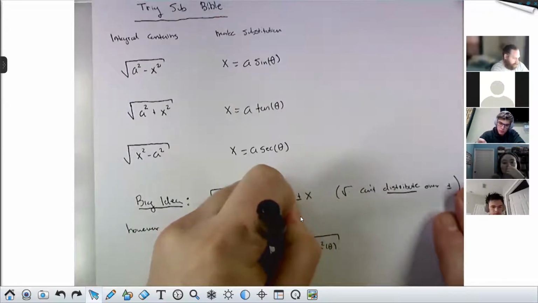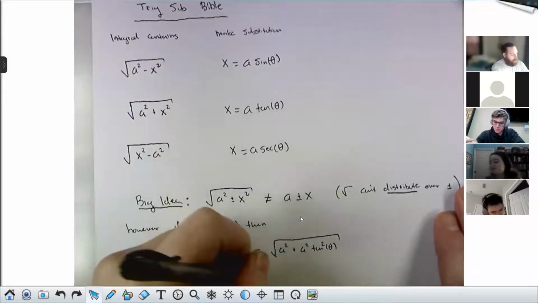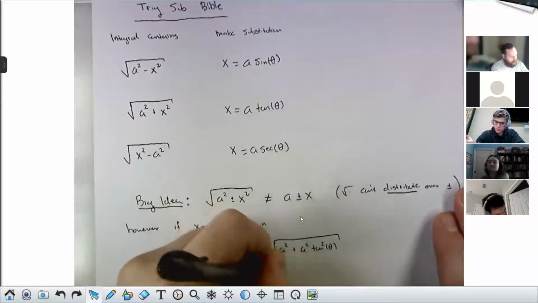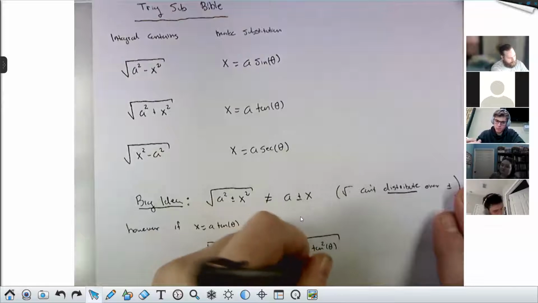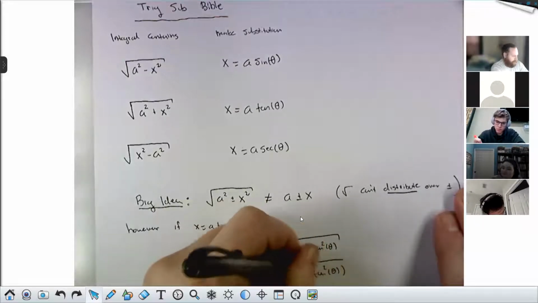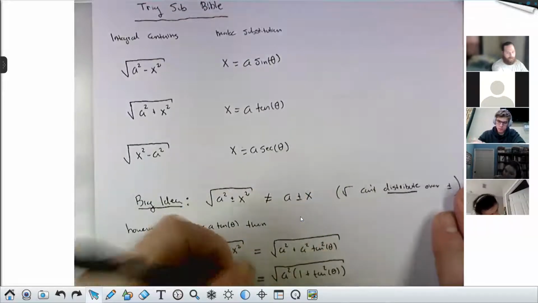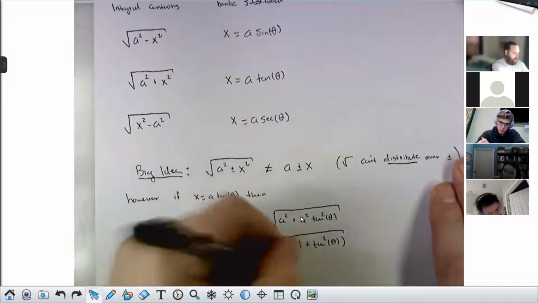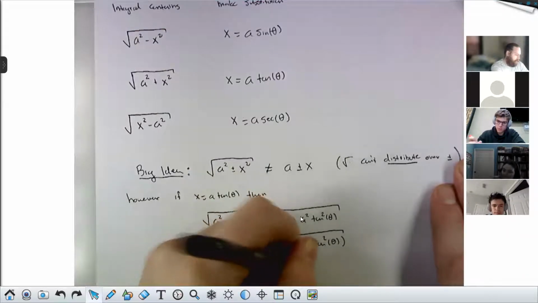Because x is a times the tangent of theta, x squared is a squared times tangent squared theta. You can factor out the a squared inside the square root. So you have a squared times parentheses 1 plus tan squared theta. And then you can use a trig identity. 1 plus tangent squared theta is secant squared theta. So this is a squared times secant squared theta.